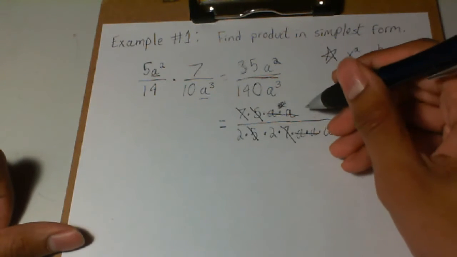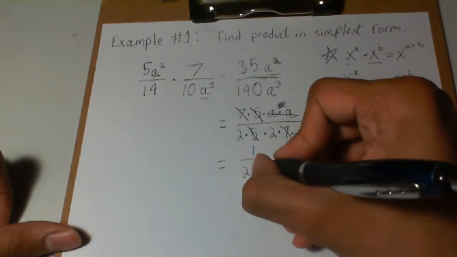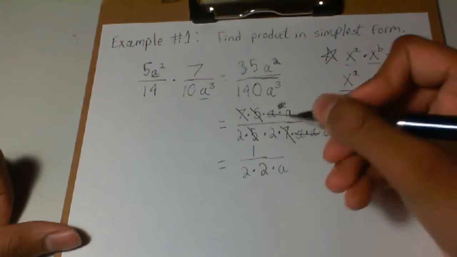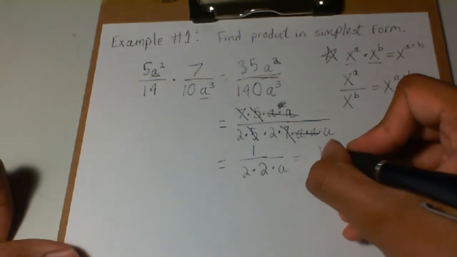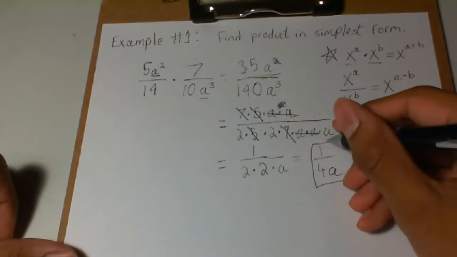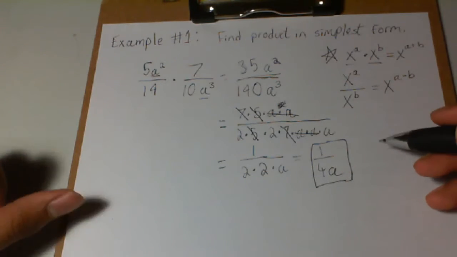So that leaves us with 1 over 2 times 2 times a, which is just 1 over 4a. And that would be the product in the simplest form for this rational expression. So it's as simple as that.